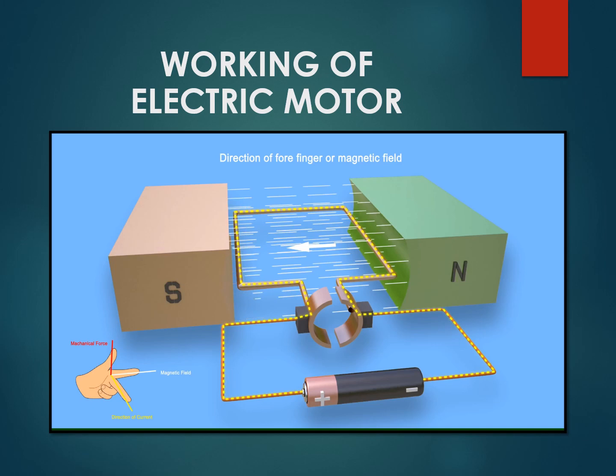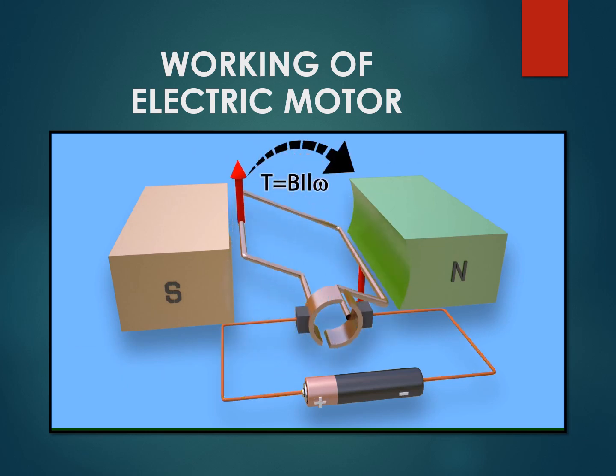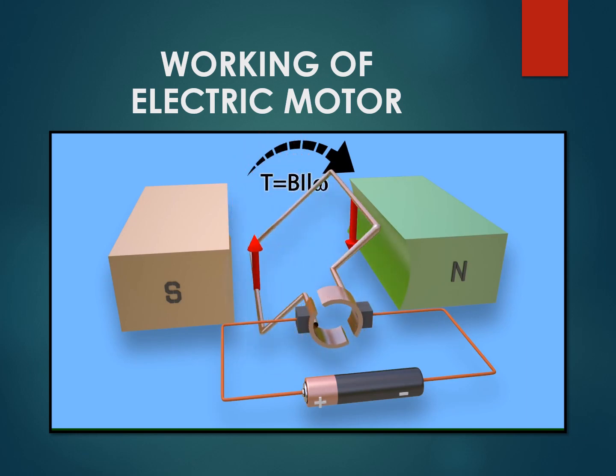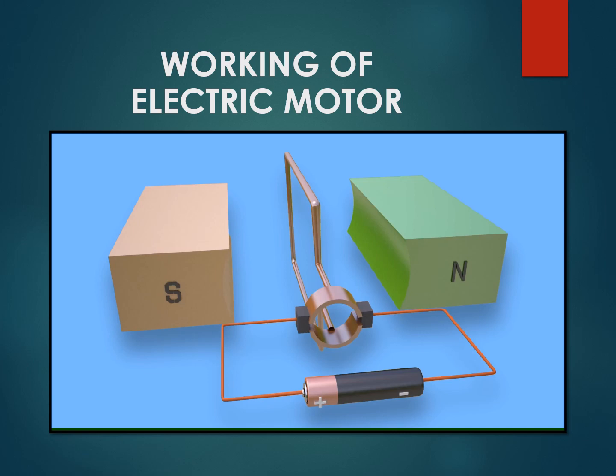Similarly, for the right side conductor, the thumb indicates the direction of force. Due to these upward and downward forces on the turn, a torque is produced and the turn rotates in a clockwise direction, as shown.